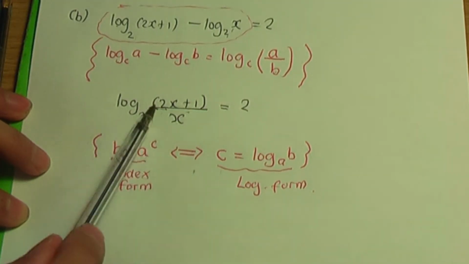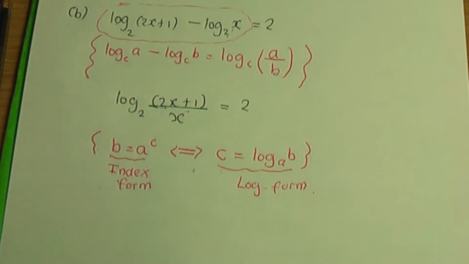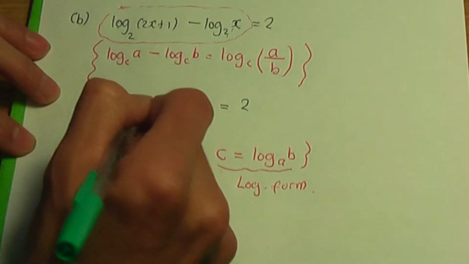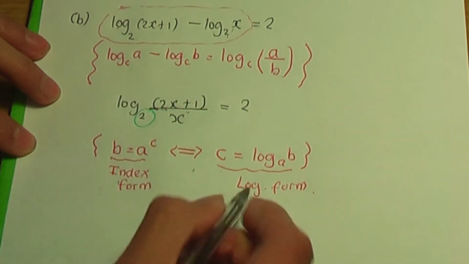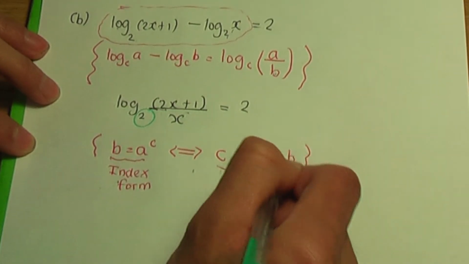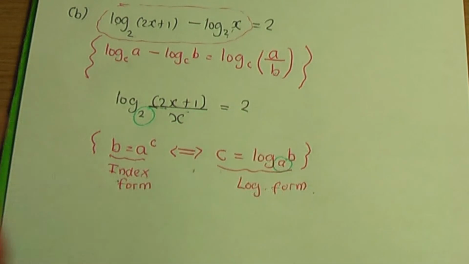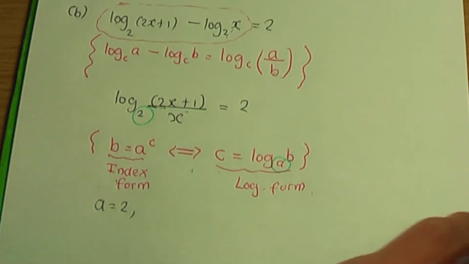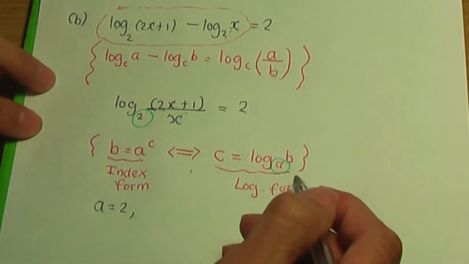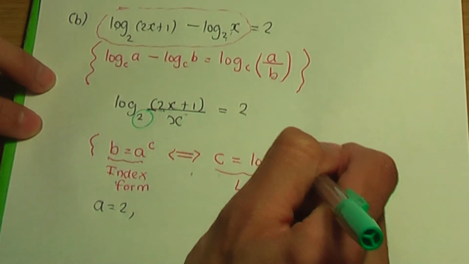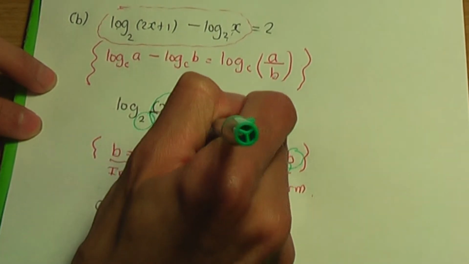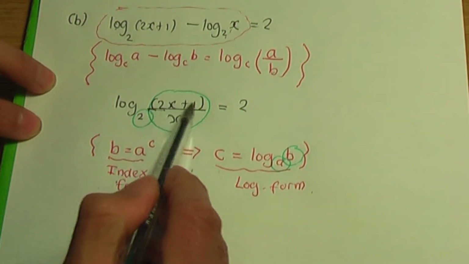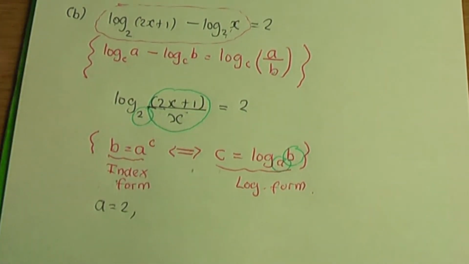So if you make the comparison here, let me take a different colour. Now the base is 2, so a is 2. Let's make a note, a is equal to 2. And in this case also we have b. b by comparison is this term. b is 2x plus 1 divided by x.